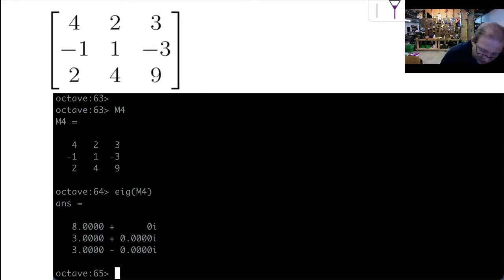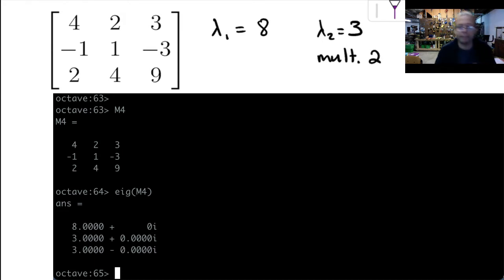But this gives us one eigenvalue is 8. The other eigenvalue is 3, and its multiplicity is 2.